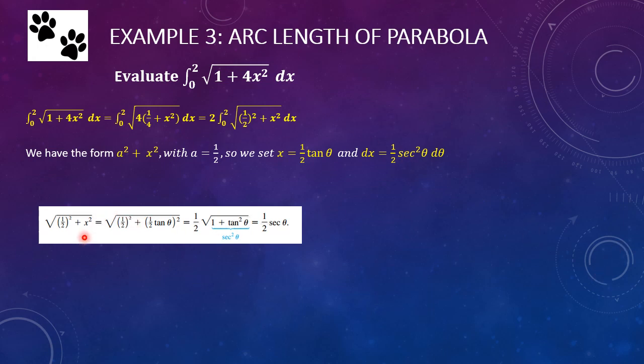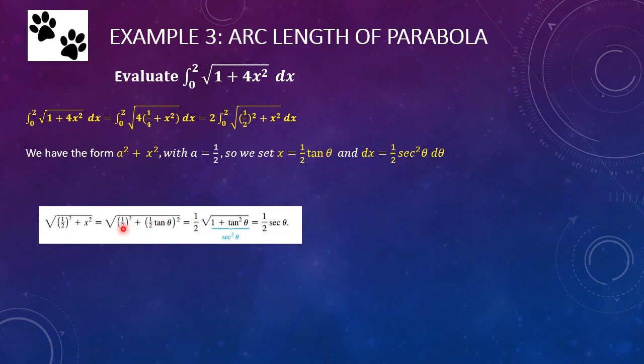So if we plug this in, specifically x equaling 1/2 tangent theta, we can see the reduction that happens with this whole radical. So we get 1/2 squared plus x squared. Substituting in 1/2 tangent theta, we get 1/4 plus 1/4 tangent squared.